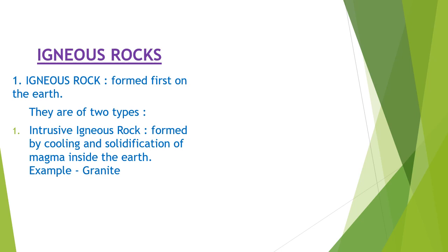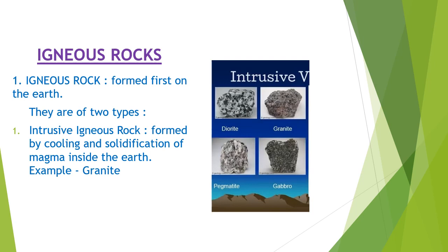They are formed by magma, hot molten material which is found inside the earth. An example is granite. All these are examples of intrusive igneous rocks.